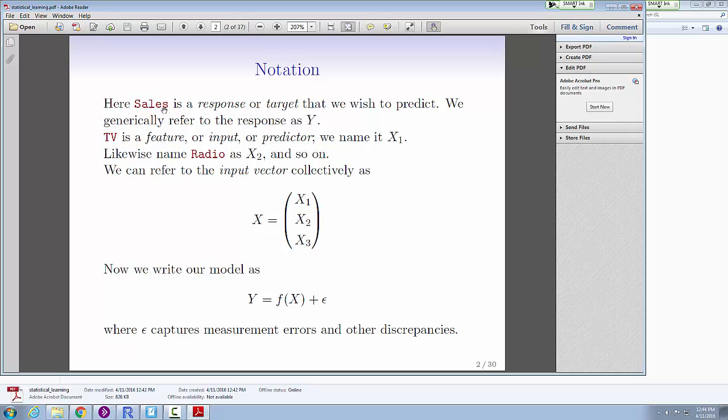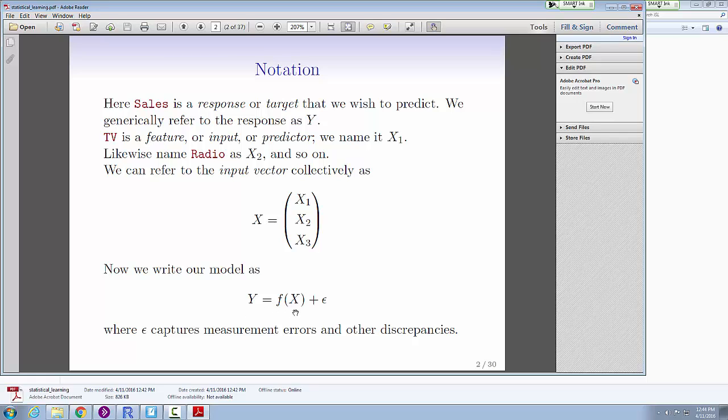So for example, if we wanted to predict sales in terms of three input variables: TV, radio, what is X3? I don't know what X3 is. They didn't tell us. If we wanted to predict sales in terms of characteristics of an advertisement, say, was it on the TV or was it on radio or whatever?